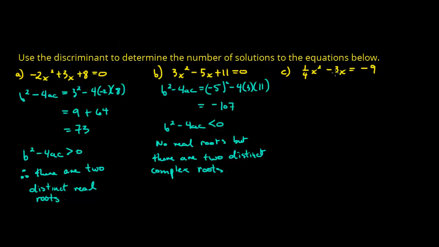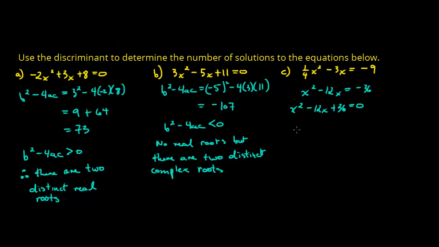If I multiply all of the terms in this equation by 4, I get x squared minus 12x is equal to minus 36. Now I can add 36 to both sides of this equation, and I get x squared minus 12x plus 36 is equal to 0.